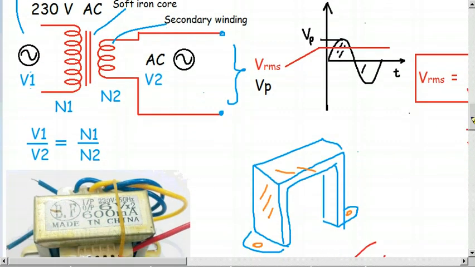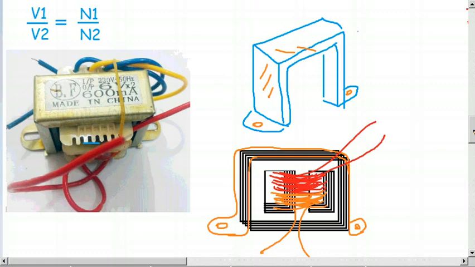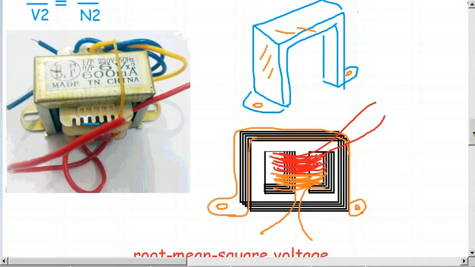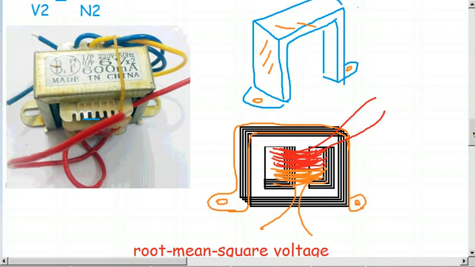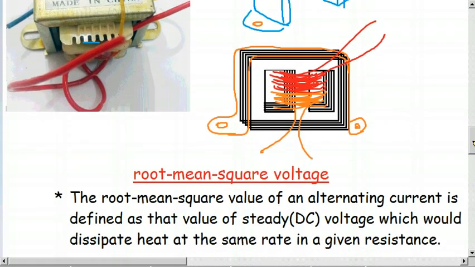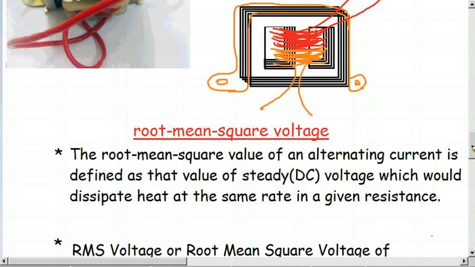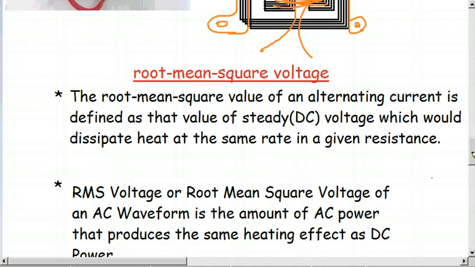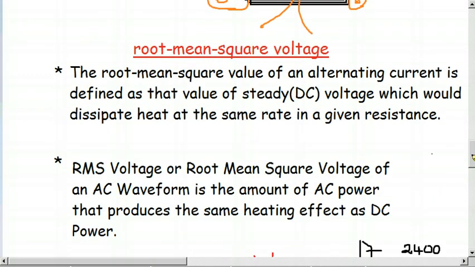I explained the structure, but how it works I didn't explain. You have to go to the lesson on magnetic induction, so it is out of this scope. Whenever I meet an MCQ problem in that region, I'll do that.